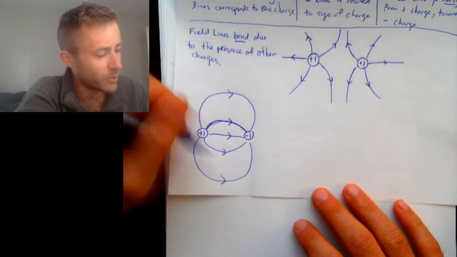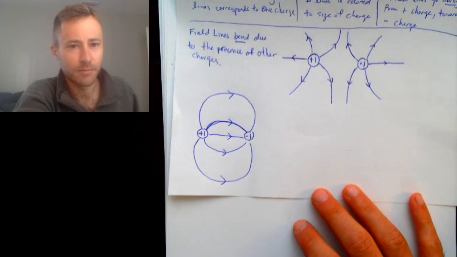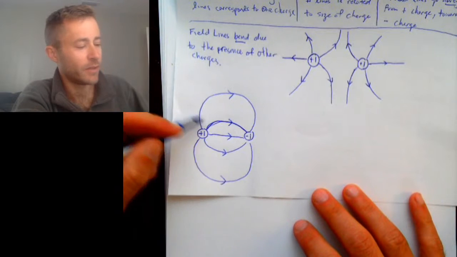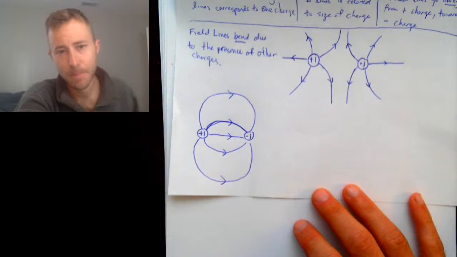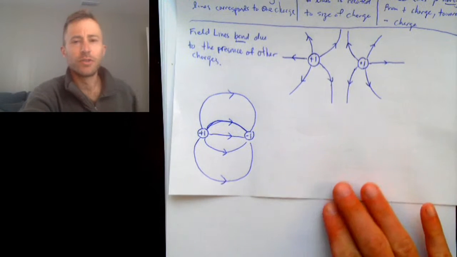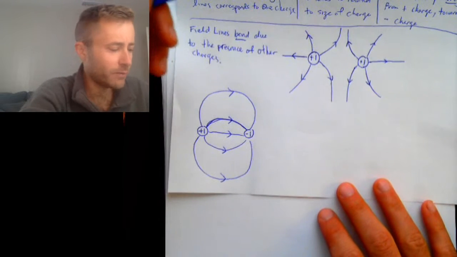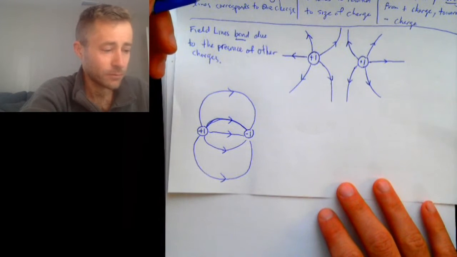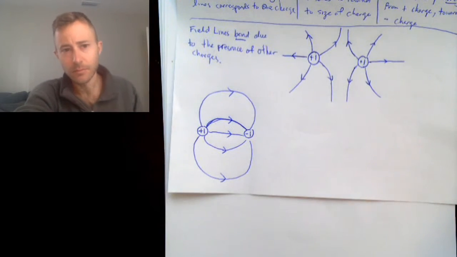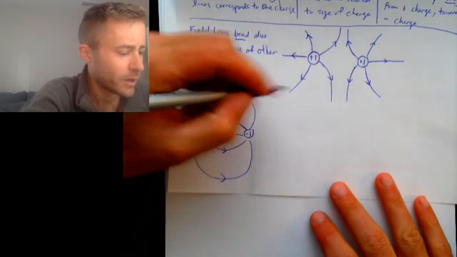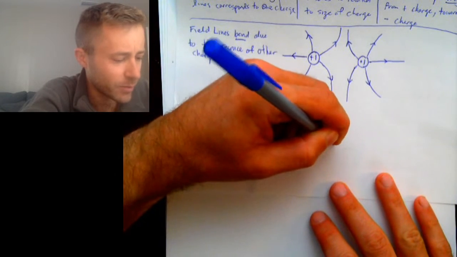So again, we have a universe where +1 is 5 lines, and therefore a -1 is also 5 lines, but just going in. So what if you had an unequal distribution of charge? For example, a +2 next to a +1?